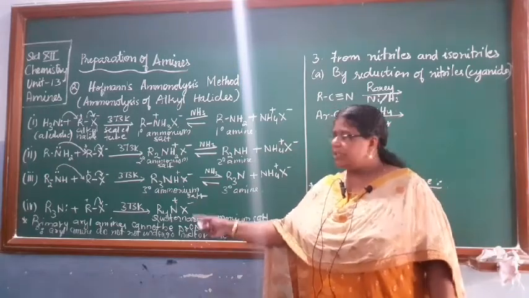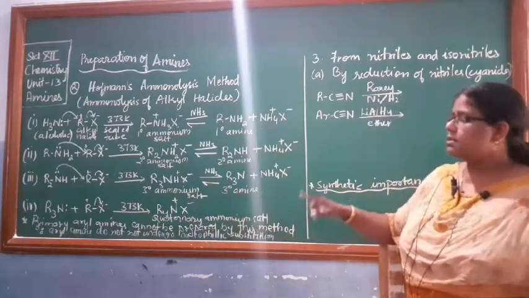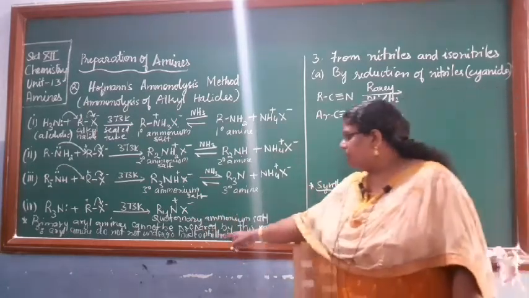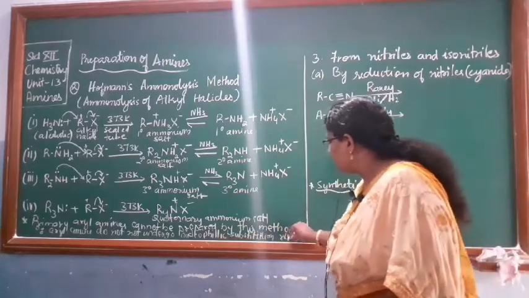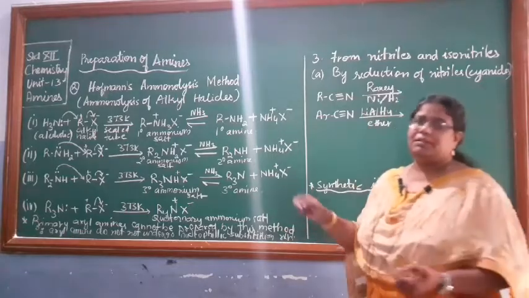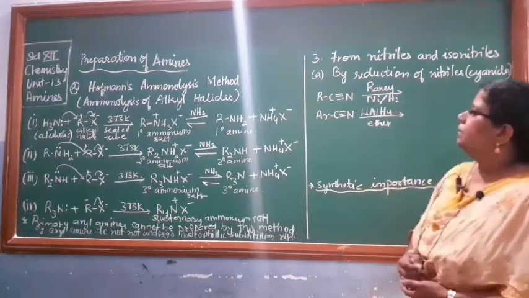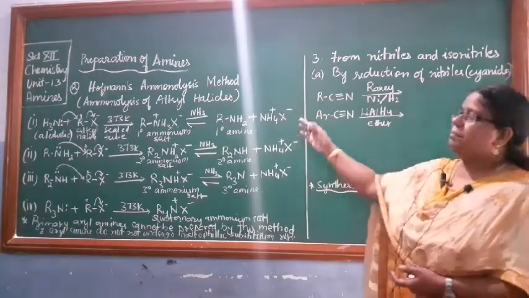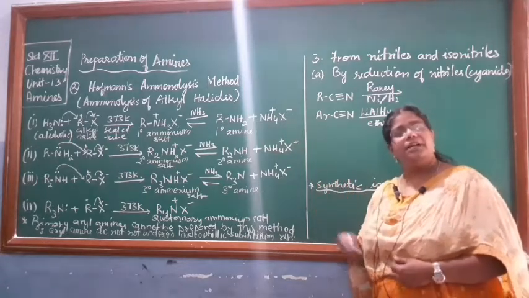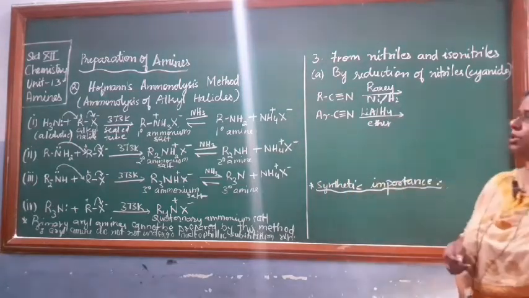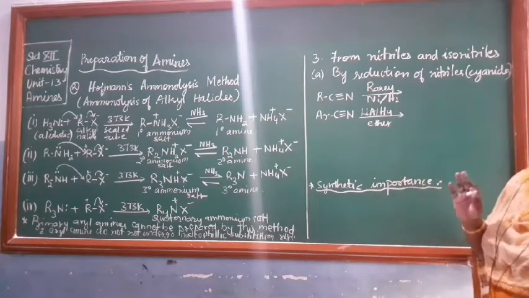So we have seen there also that these haloarenes are not undergoing nucleophilic substitution reactions. So that is a limitation of Hoffmann's ammonolysis method. Aliphatic amines can be prepared because the aliphatic alkyl halides undergo nucleophilic substitution reaction. So that is regarding Hoffmann's ammonolysis method.